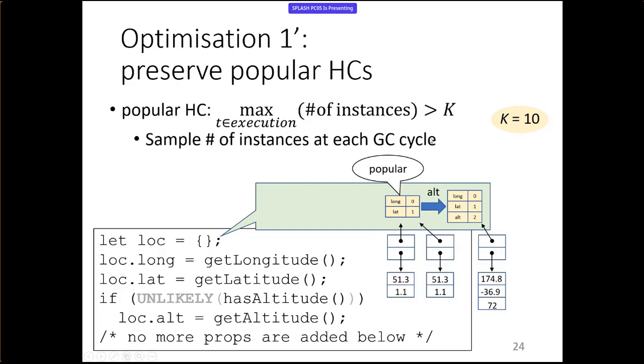Because the number of instances varies during the execution, we pick the maximum number of instances in the entire execution. Actually, we sample the number of instances at each garbage collection in the profiling run.